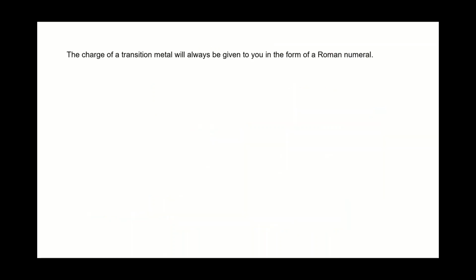The charge of a transition metal will always be given to you in the form of a Roman numeral. Now, the transition metals are quite special because depending on circumstances, each one of them can have a different charge. So the charge must always be given to you in the name.